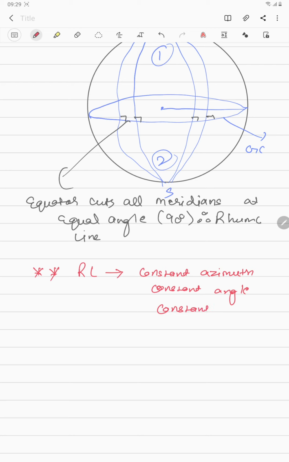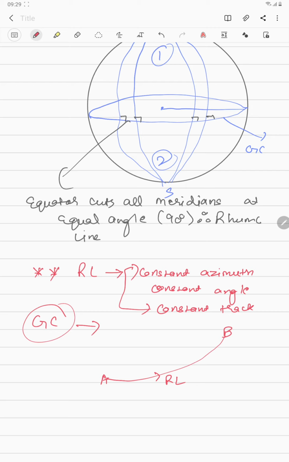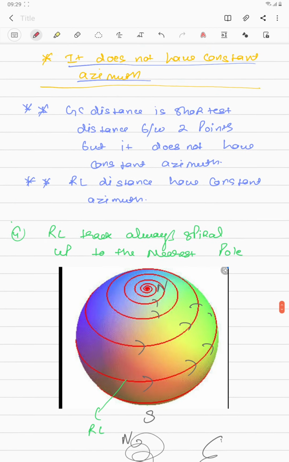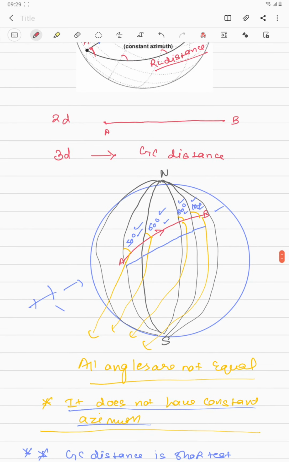Always remember that if you're traveling from point A to point B using a rhumb line, you don't have to change your angle. But if you travel by a great circle, you will have to constantly change your angle or track to reach your destination.